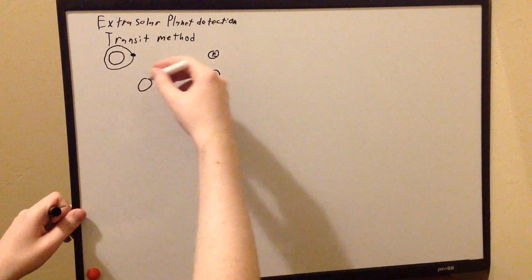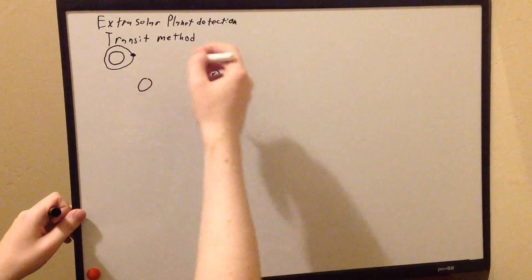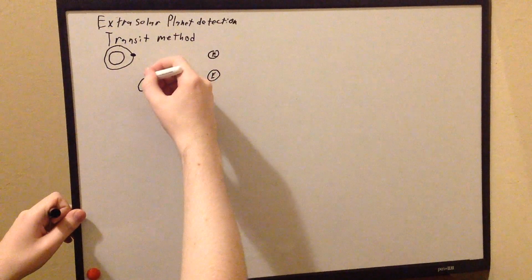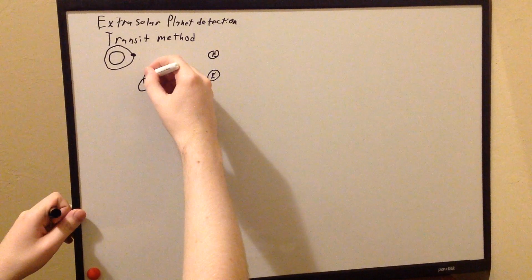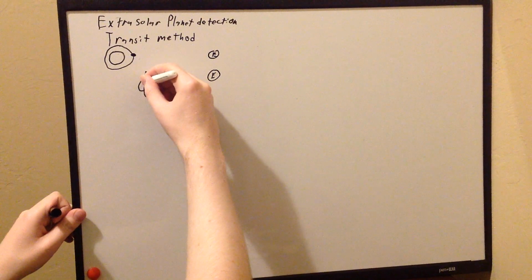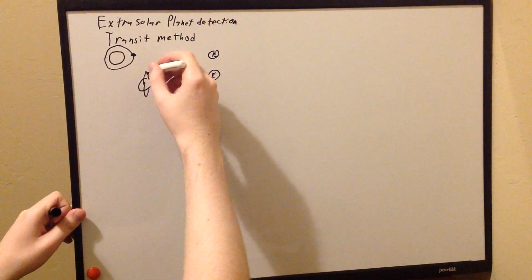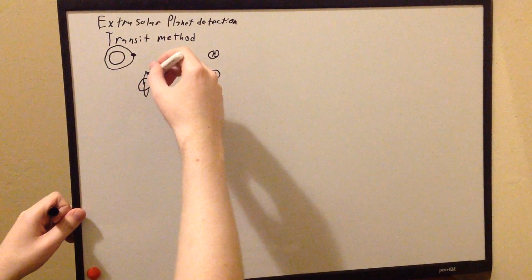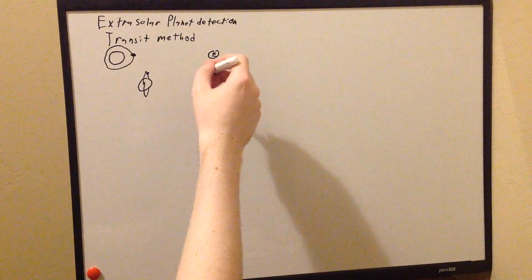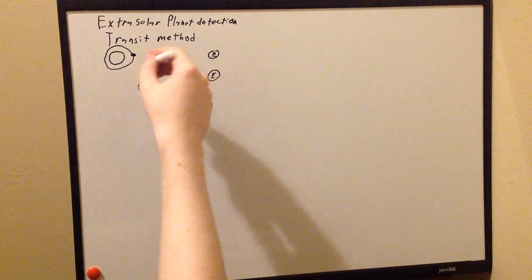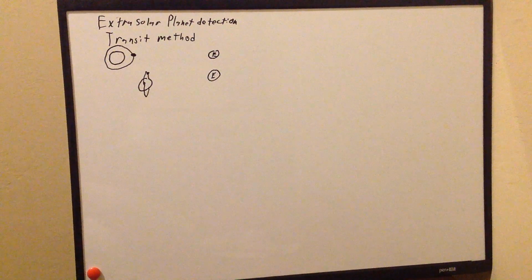Consider maybe we have another star, and here's Earth again, but its planet orbits like this relative to us. This planet never goes between the star and us, so we'll never find this planet with the transit method.